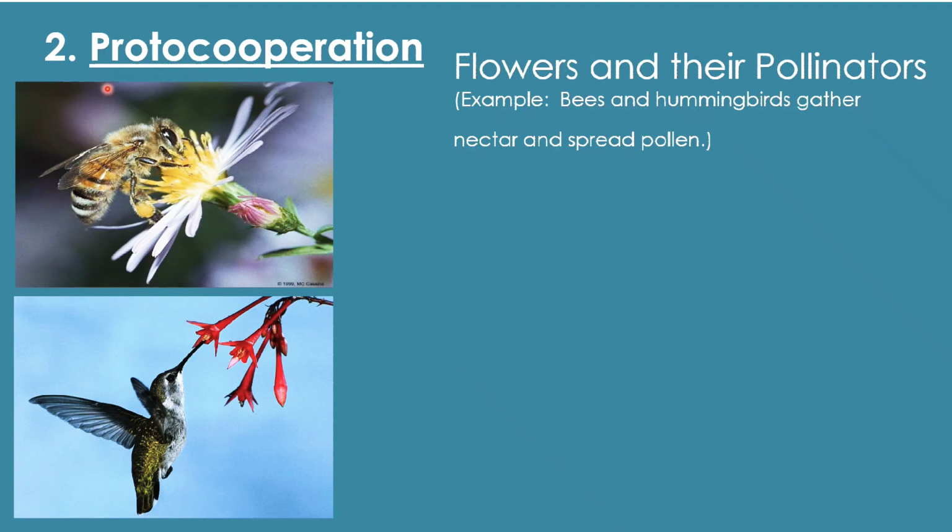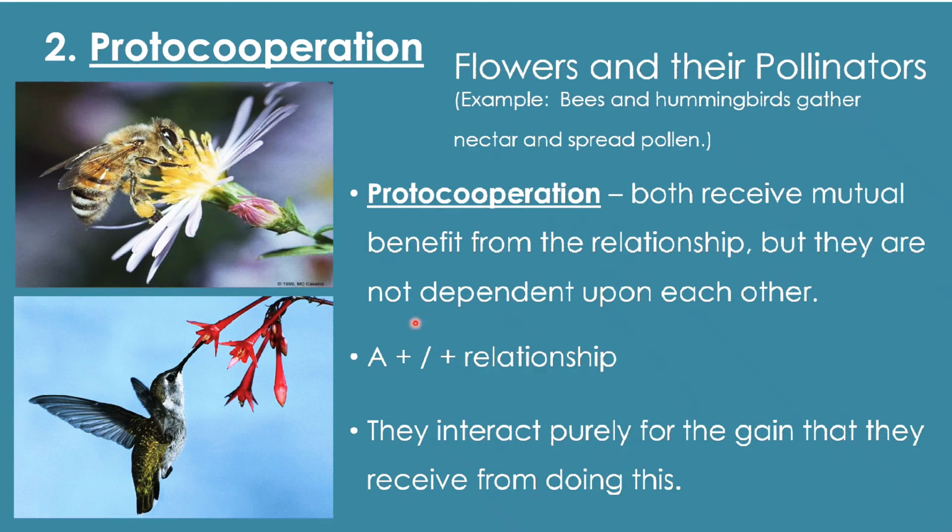Next we have proto-cooperation. It's something like mutualism, but the cooperating species do not depend on each other for survival, so that's their difference. Both receive mutual benefits from the relationship, but they are not dependent upon each other.